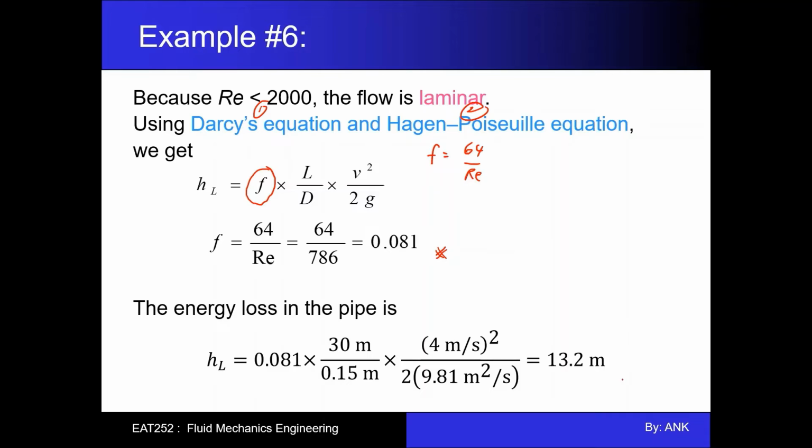So when we calculate, we get the energy loss in the pipe is 13.2 meter, by using the Darcy equation.